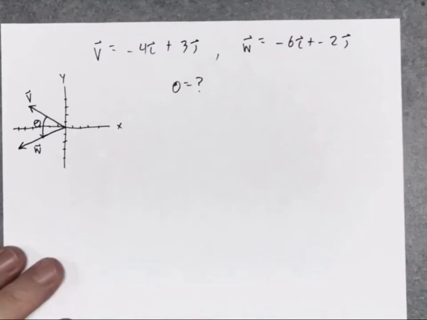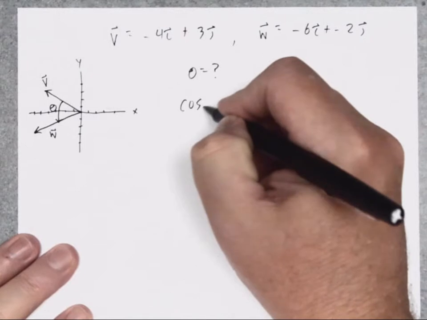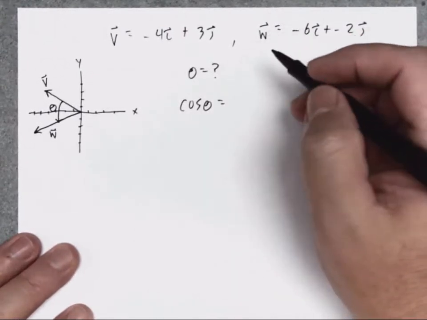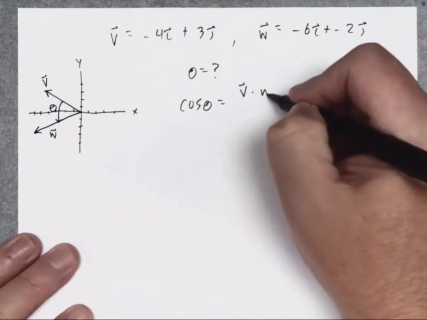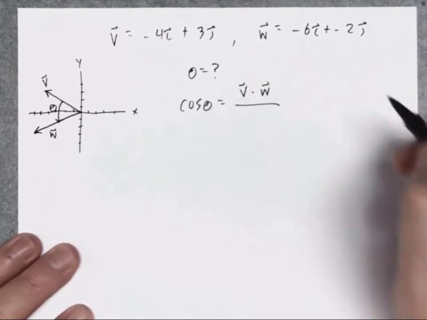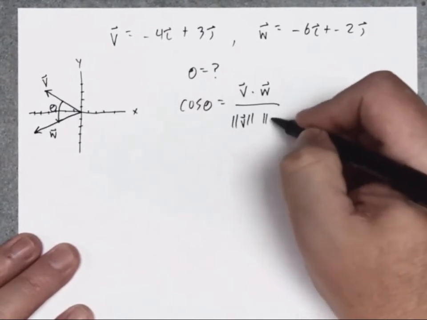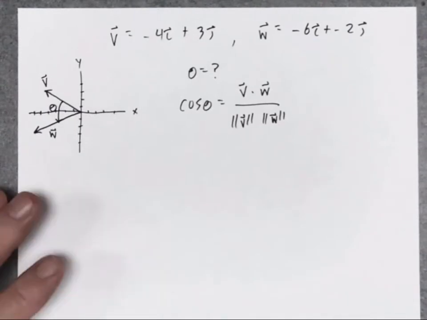Well, if I use the formula that we were just talking about, cosine theta in this case would be, well, let me just write it out since this is still new. Dot product of v and w over the magnitude of vector v times the magnitude of vector w.